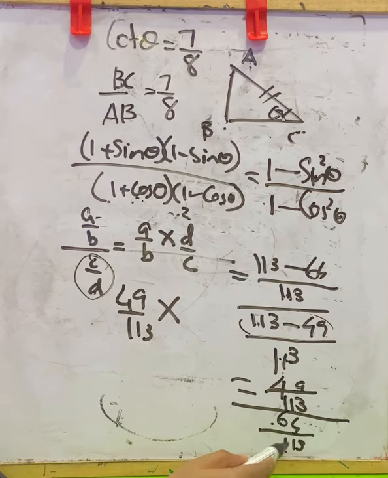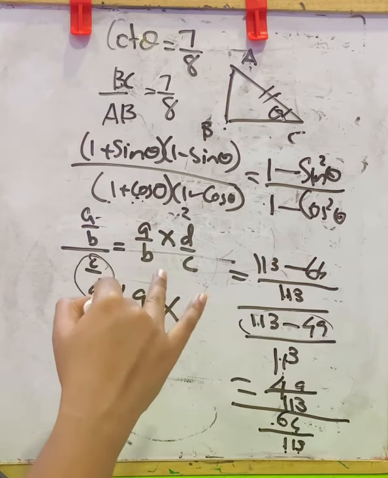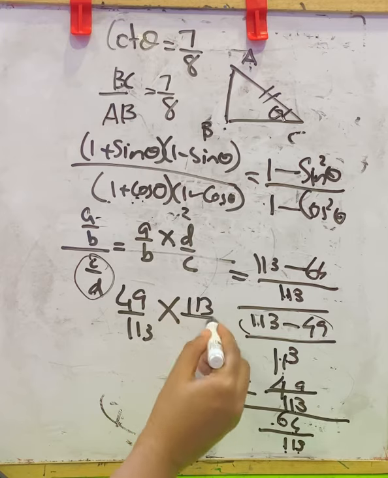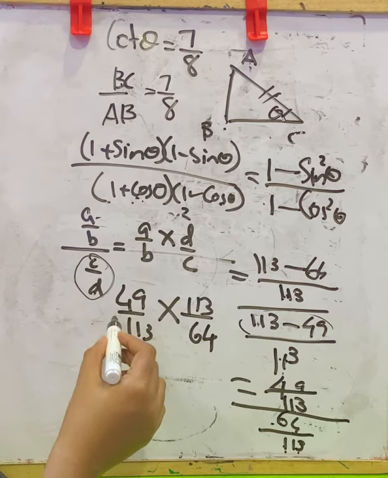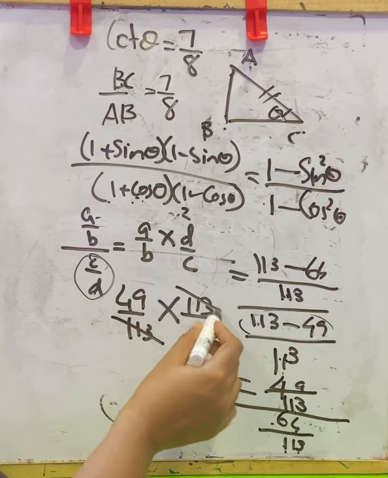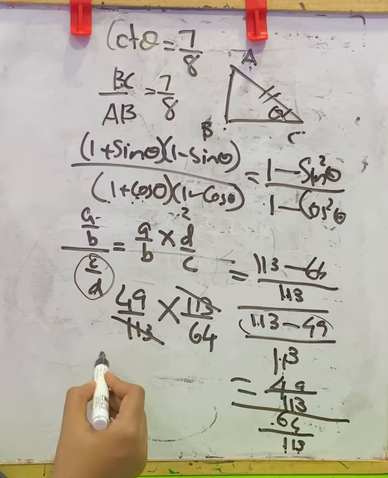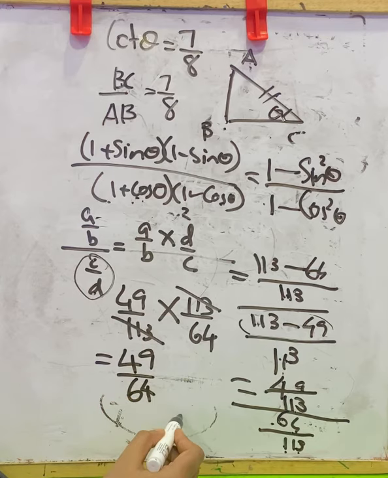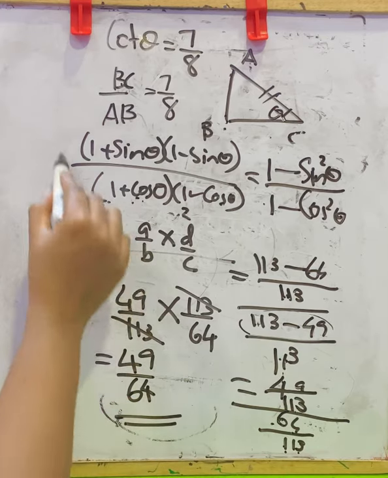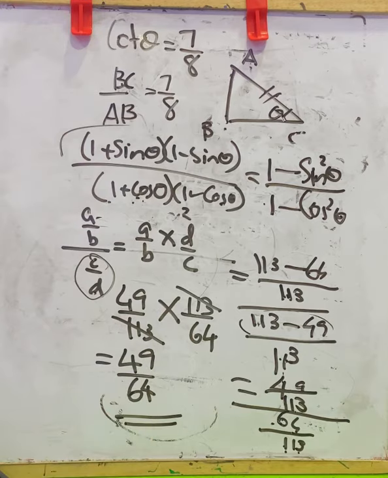Here it is 64 by 113, its reciprocal becomes 113 by 64. Now it is multiplication, in that you can see the common factor in numerator and denominator, it will get cancelled. Left is 49 by 64. This is the value of this question, 49 by 64.